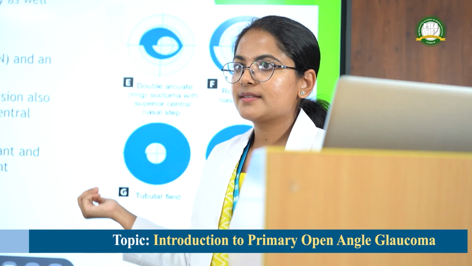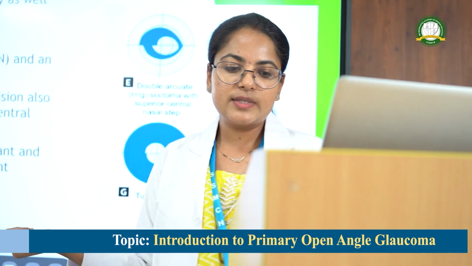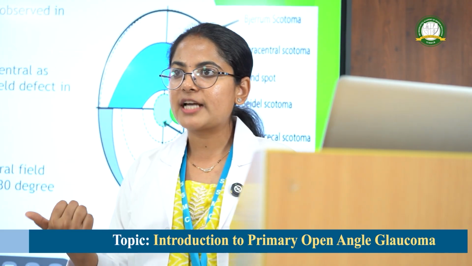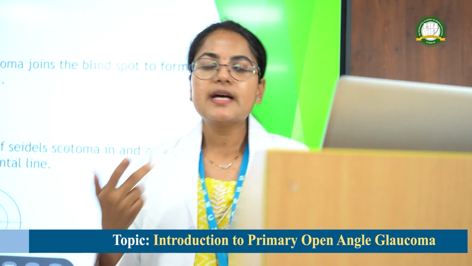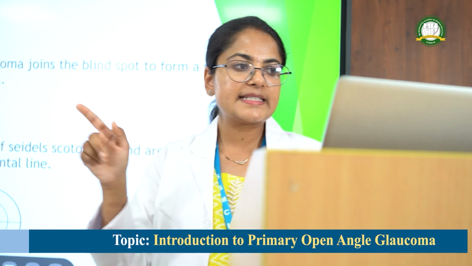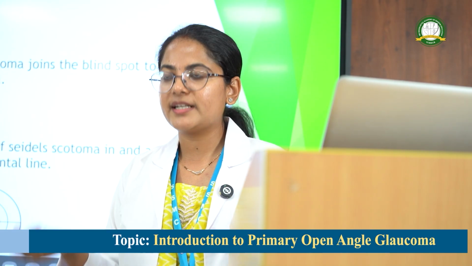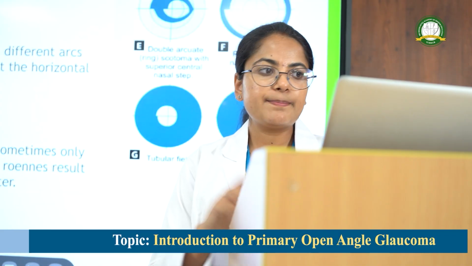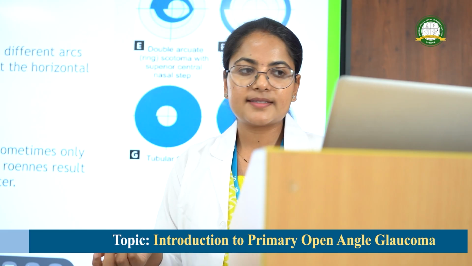Visual field defects. So what visual field defects do we see in glaucoma? First there is isopter contraction, baring of the blind spot, small wing-shaped paracentral scotoma, then Seidel scotoma, then arcuate or Bjerrum scotoma, then double arcuate scotoma, then Roenne's nasal step and peripheral field defects.